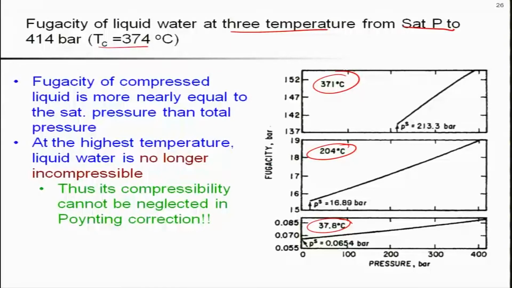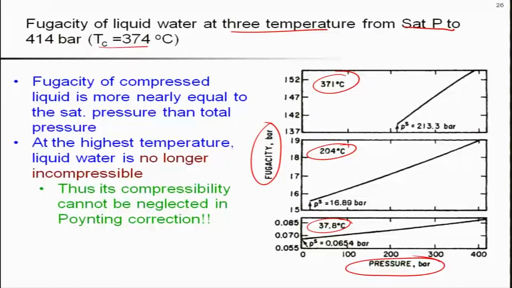Okay, so we have fugacity here as a function of the pressure of the system. This point corresponds to the state of this liquid-vapor saturation at this particular temperature. At this temperature, the Psat is 213.3 bar.